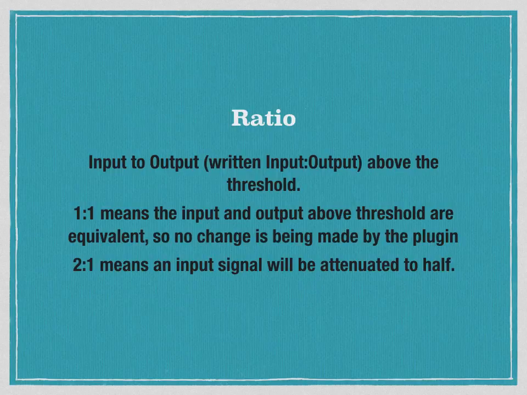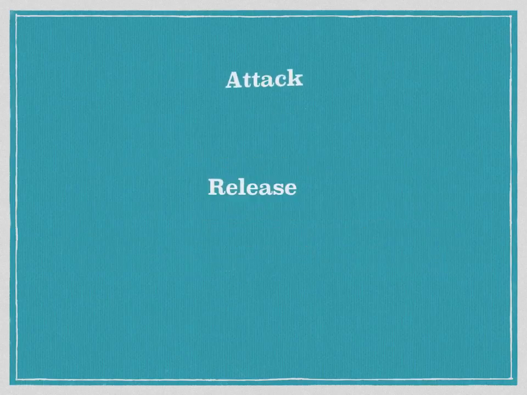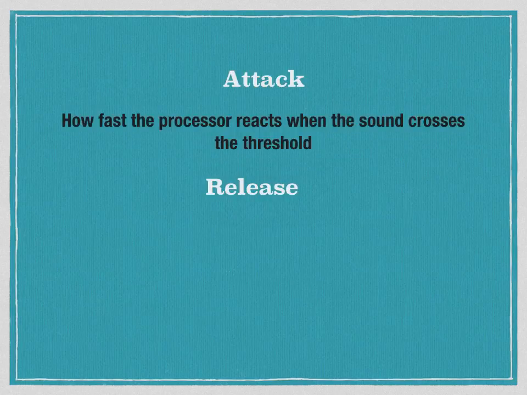Another important parameter is the attack and release. The attack refers to how fast the processor reacts when the sound crosses the threshold. So if we have a threshold of minus 25 decibels, when the signal reaches minus 25, how many milliseconds does it take for the processor to actually do what we would like it to do?